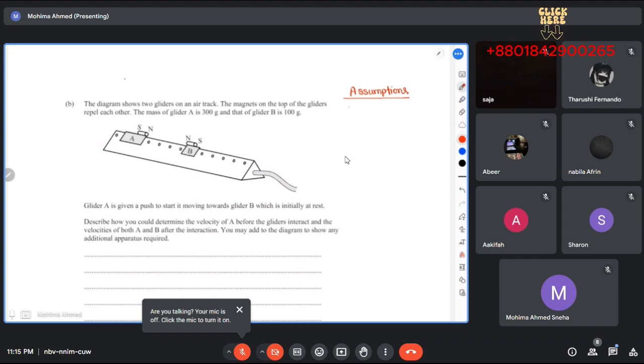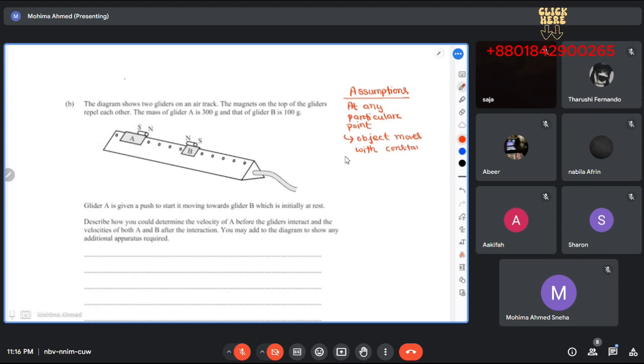So at any particular point, the object moves with constant velocity, and this is the case.